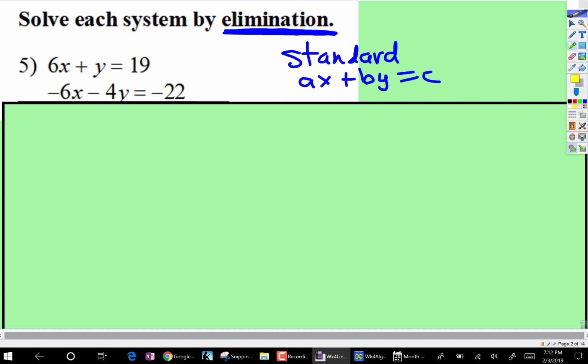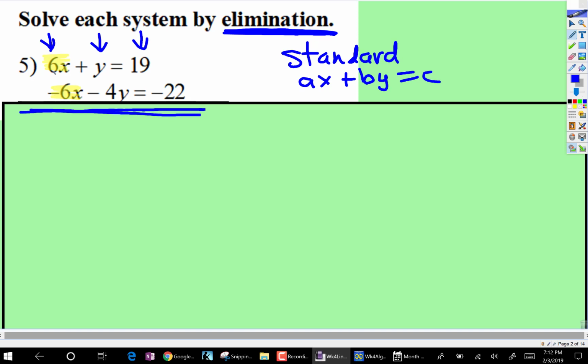And then I want to draw your attention to something. Notice we have a positive 6x and we have a negative 6x. Well, if we do some vertical addition and we add up all the columns of the same types of terms, the numbers together, the y's together, the x's together, that's same place value, right?